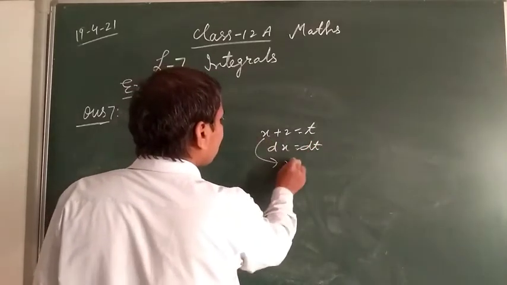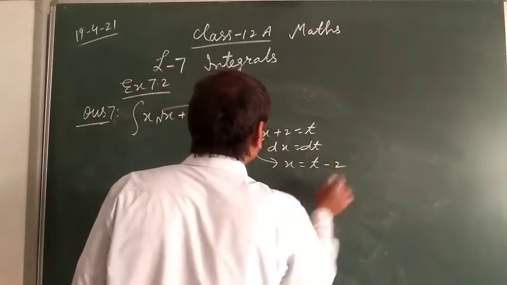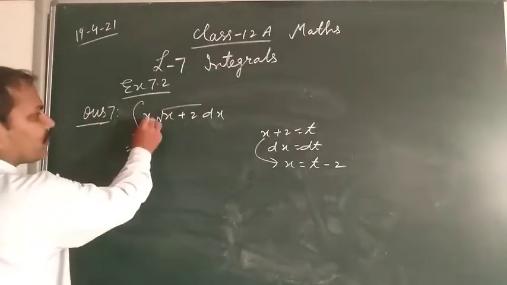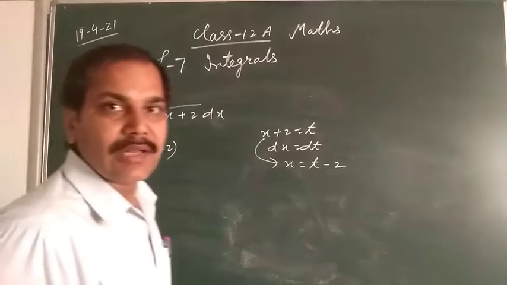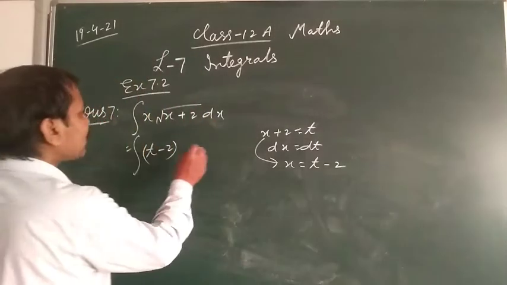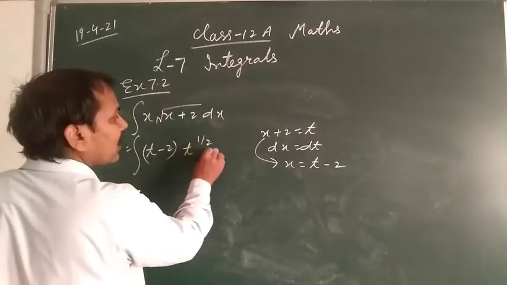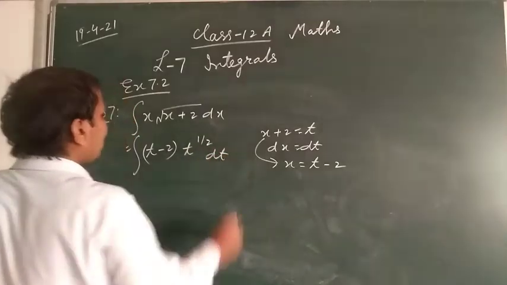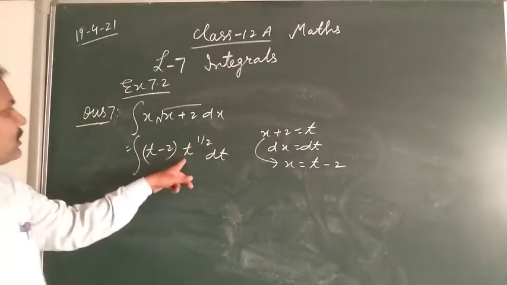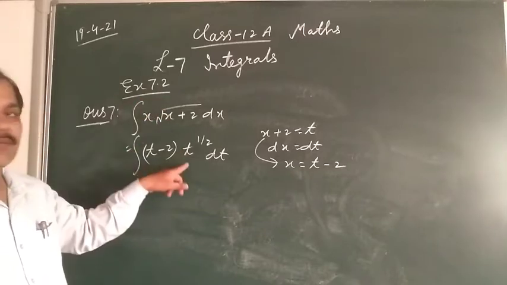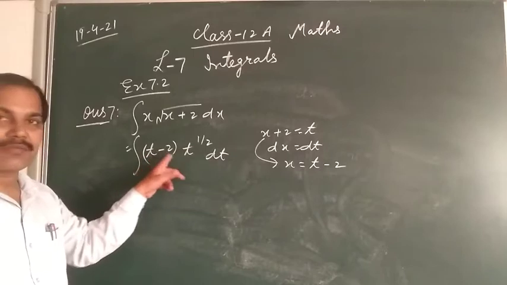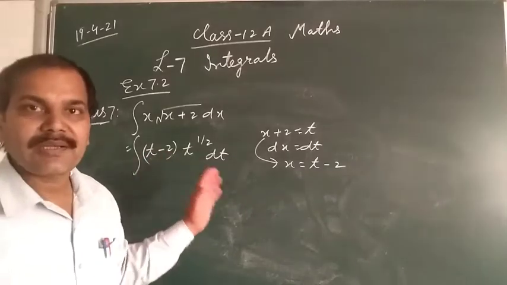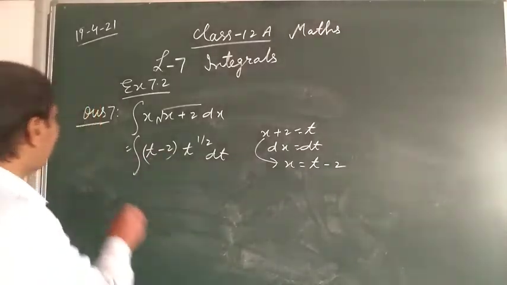And now here the x part will be t minus 2, so in place of x write t minus 2, and in place of under root x plus 2 write t power 1 by 2, and dx is dt. Then multiply t power 1 by 2 by these two terms, related to exercise 7.1, and then integrate separately.